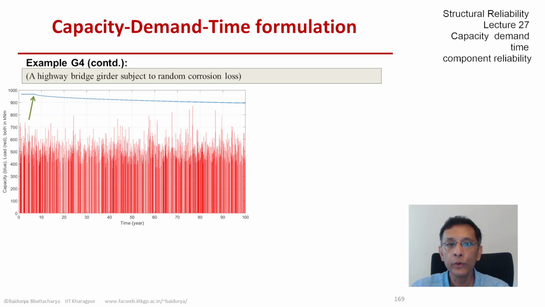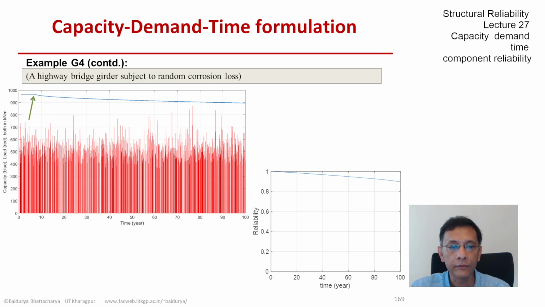So if we keep doing this through a Monte Carlo loop, we would be able to get an idea of the time-dependent reliability function, and I have done that simulation, and what you see is the reliability function for this girder for a period of 100 years.